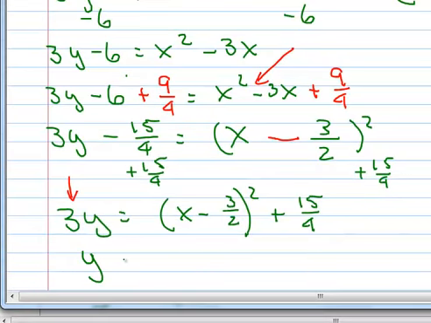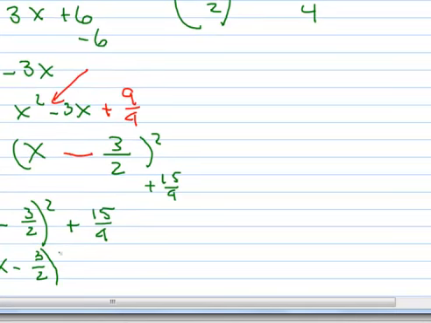So the left-hand side becomes y. I'm multiplying by 1/3, so I'm just going to put that 1/3 right there as the leading coefficient. And then I've got 15/4. Let's look at that over to the side. 15/4 times 1/3.